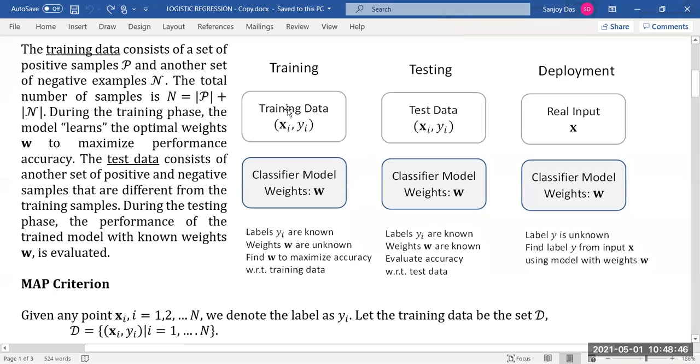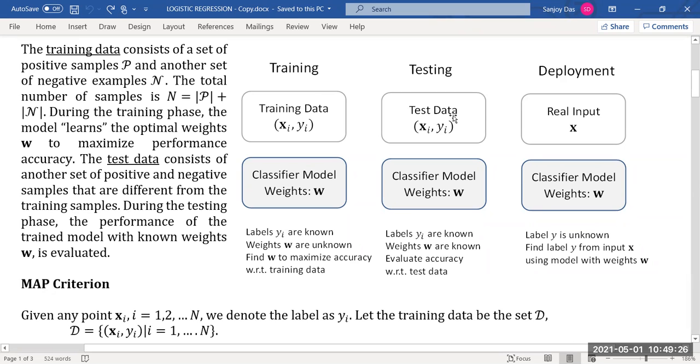Once we develop this model using this training data, iteratively, using subgradient, we find an optimal weight vector W. Then we need to see if it actually works or not. So we keep aside another set of samples, which are not the same as the training data.